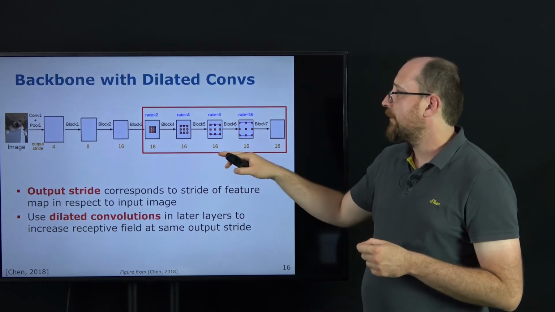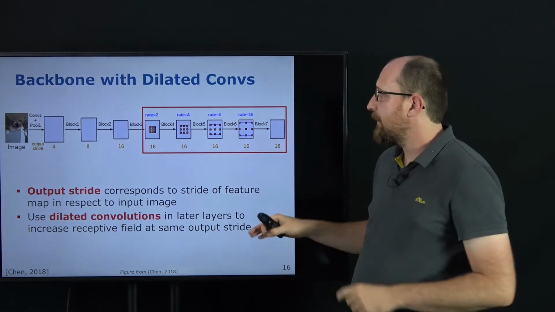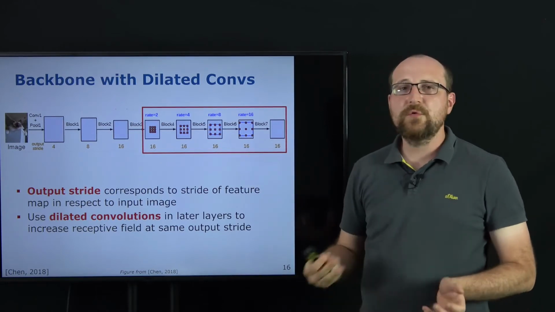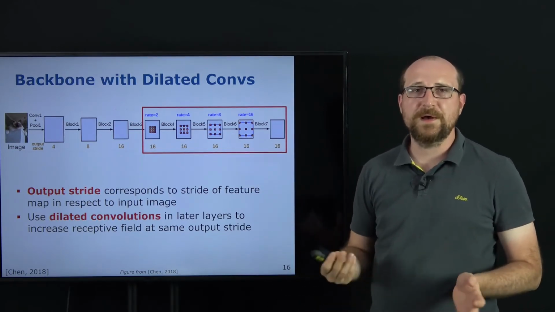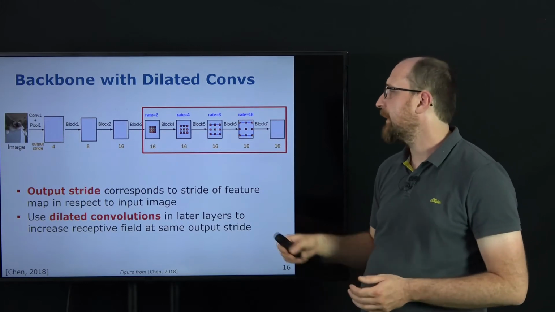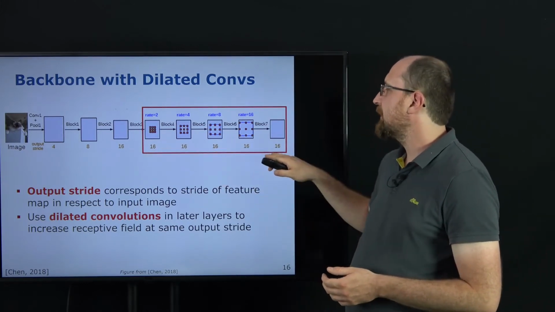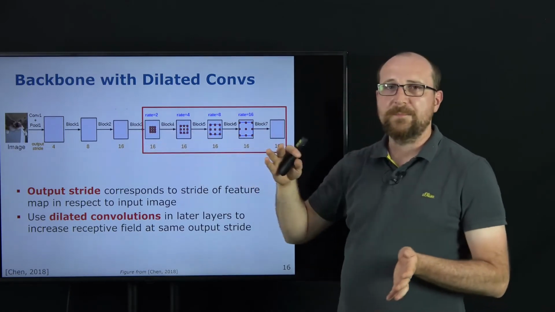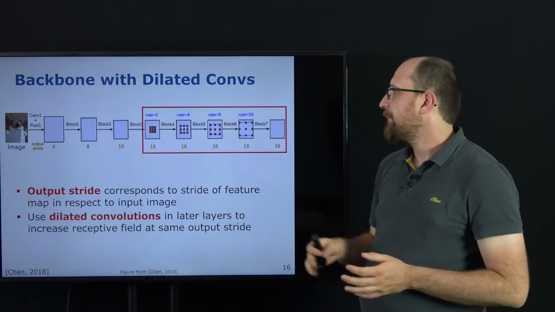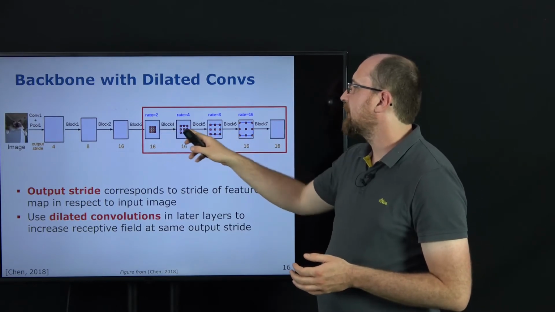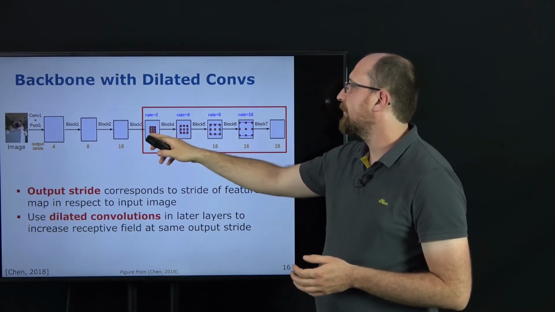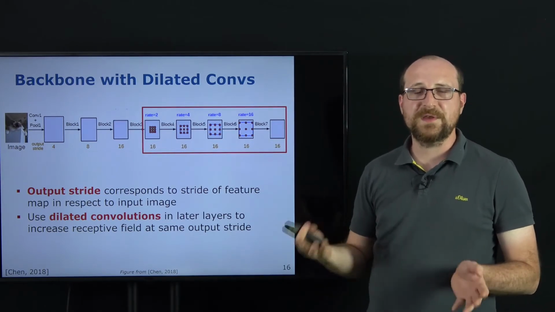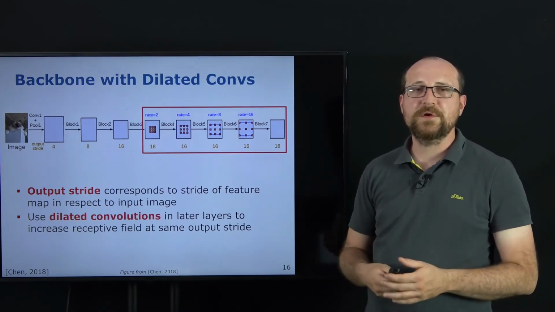What is done here is that in the lower layers we don't apply any more pooling operations, but use different kinds of dilated convolutions. By using this, we keep the output stride the same, so the feature maps are not halved in size again, but we apply the dilated convolutions with different rates, which achieve basically the same as doing pooling operations.